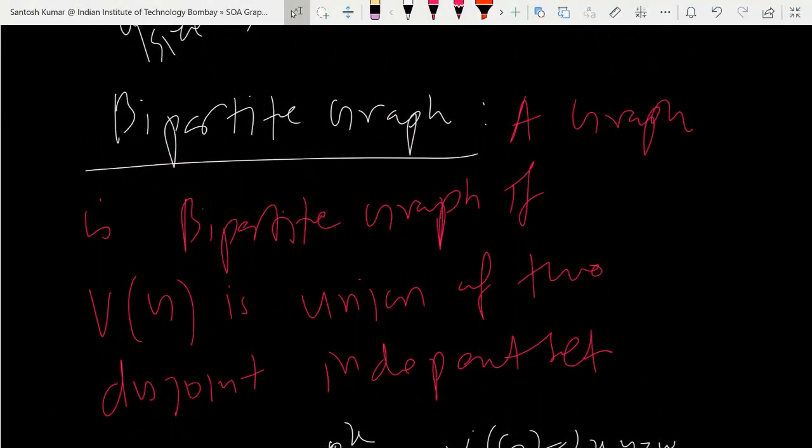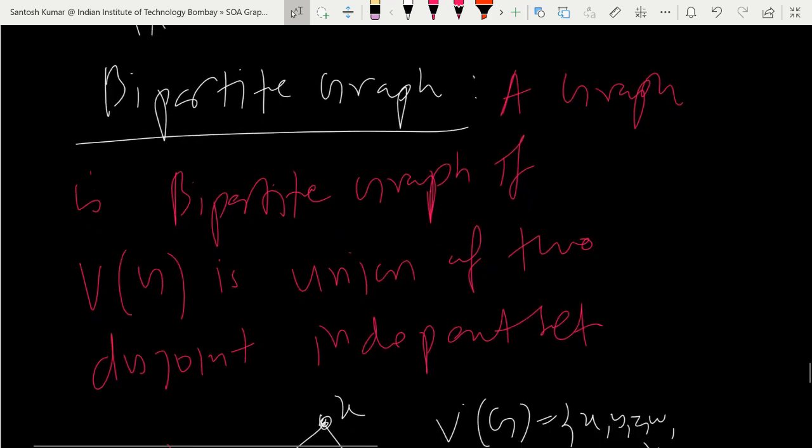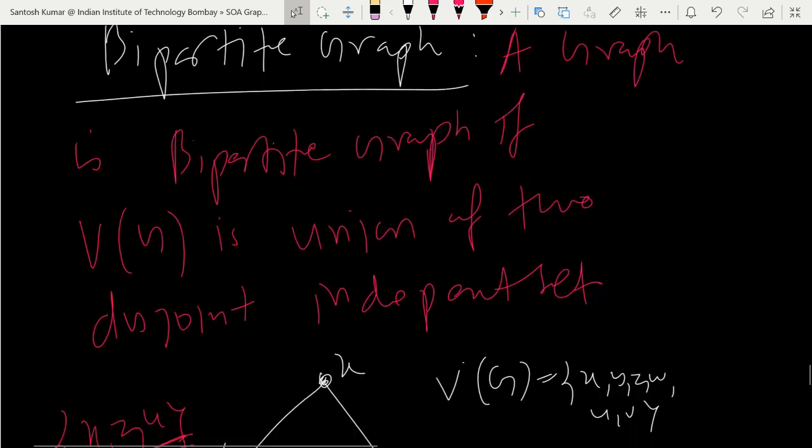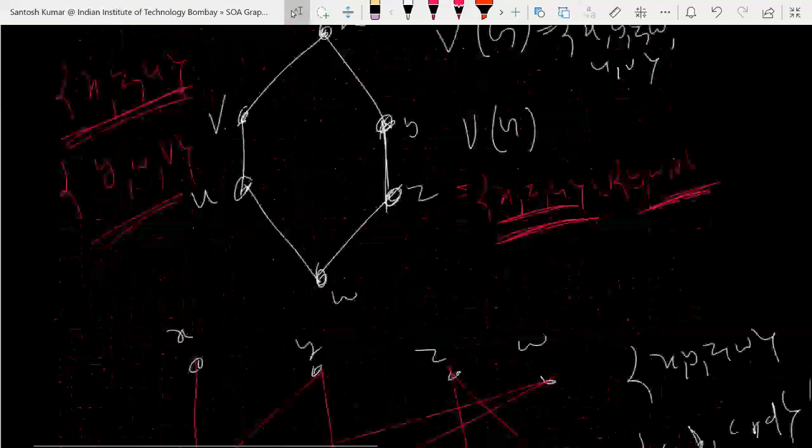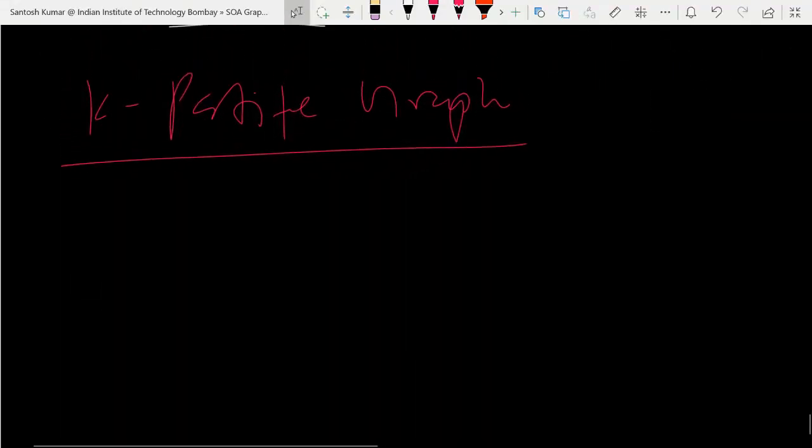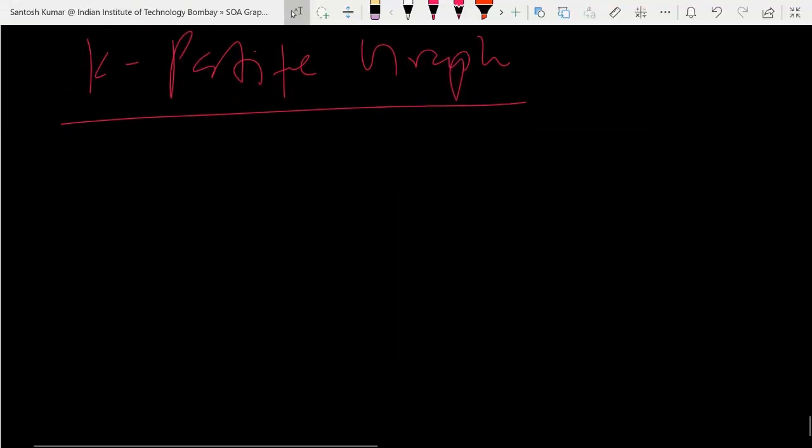Bipartite means two parts. You are breaking the vertex set into two parts, two independent sets. So the vertex set is a union of two independent sets. So in a k-partite graph, how will you define it? Just extend it to k independent sets.